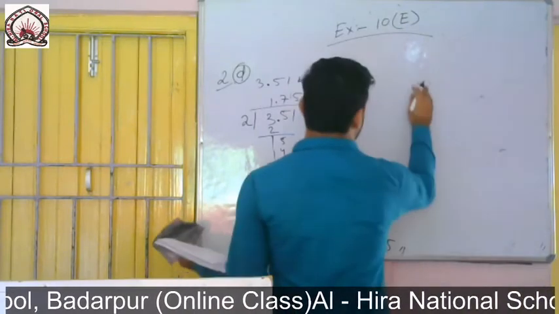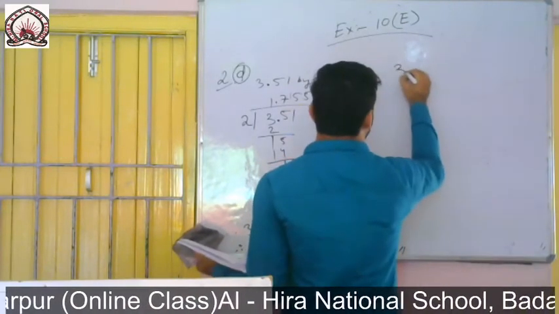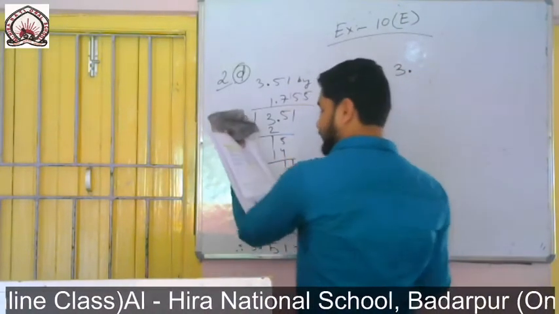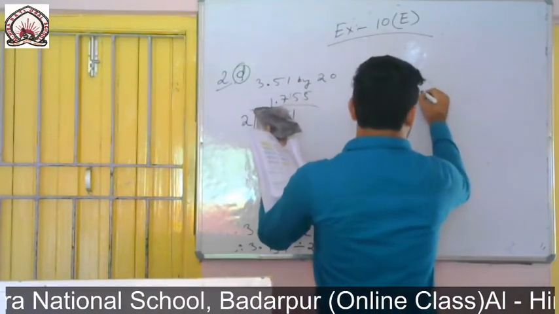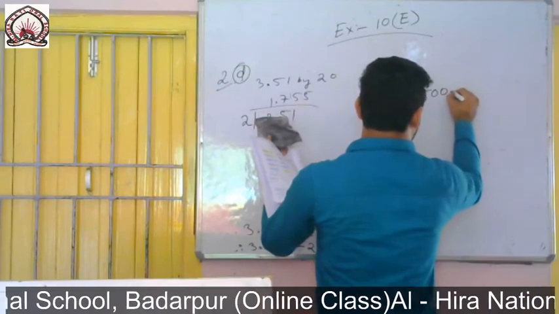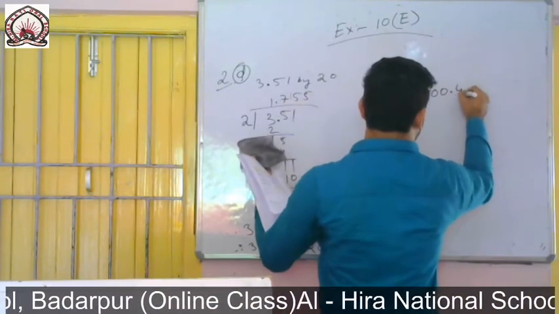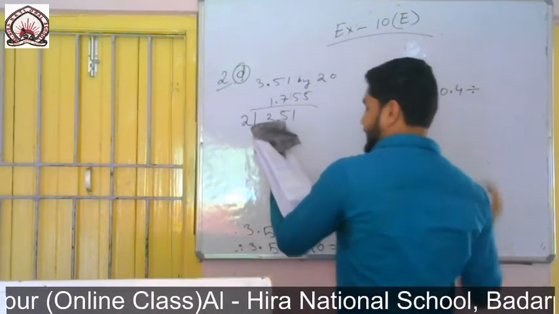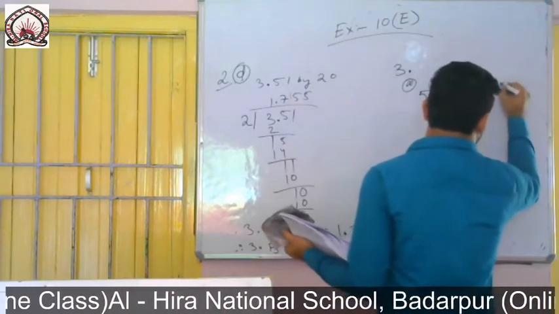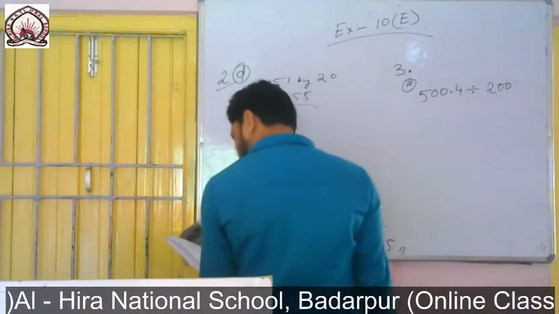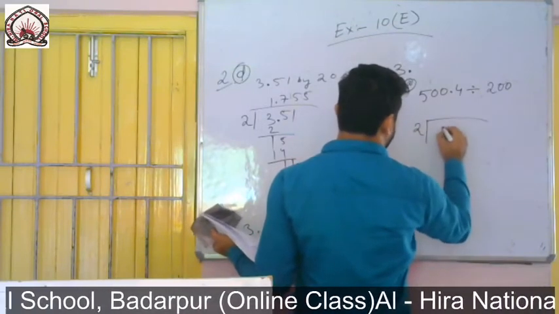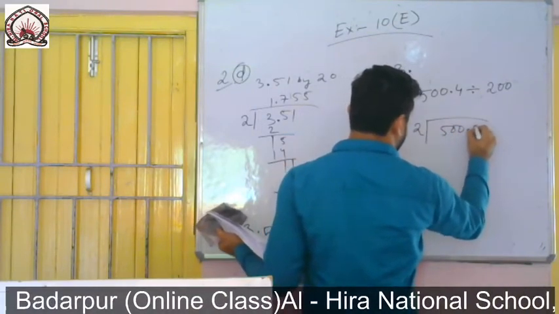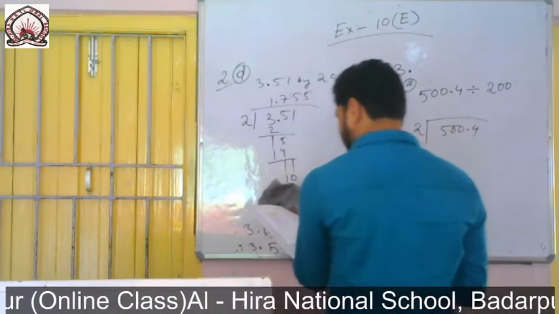You see question number 3, 3a. 500.4 divided by 200. First divide by 2. You get 500.4.